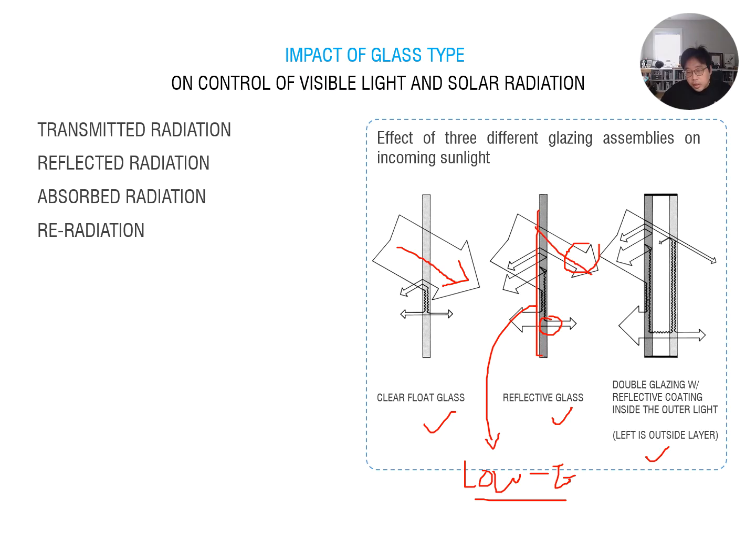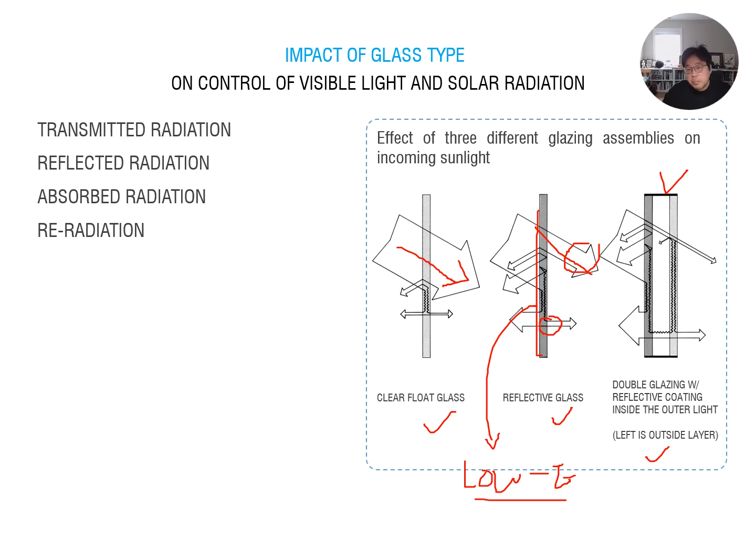That's how you can protect against the intense sun energy from outside to make your interior space more comfortable in temperature. The double glazing system is the most energy efficient type. Of course, you can make a triple glazing system and more than this.